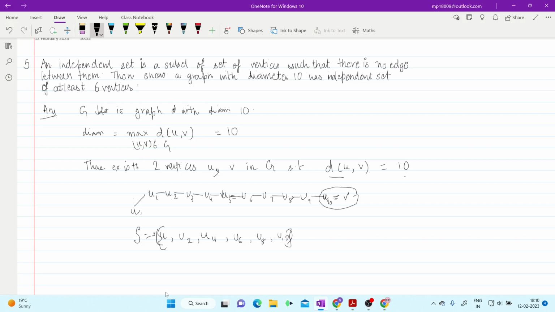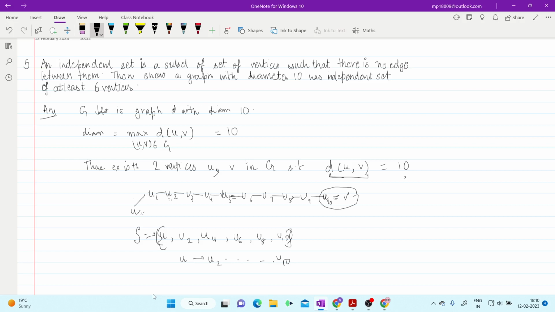If there is an edge between u and u2, then we are getting a path of length 9 between u and u10, because we can go to u2 and then go along the same path. This path is of length 9, but we have assumed that the shortest path between u and v is 10. Therefore there cannot be any edge between u and u2.